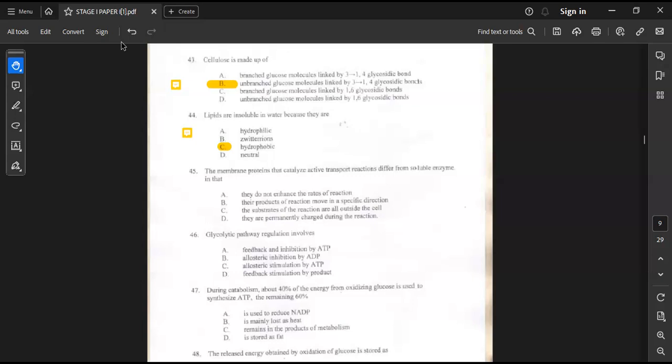So thinking of the sodium potassium ATPase, choice C is out. The substrates of the reaction are all outside the cell. I think we can agree choice C is out, because sodium is usually inside the cell, potassium outside, and it pumps sodium out, potassium in.